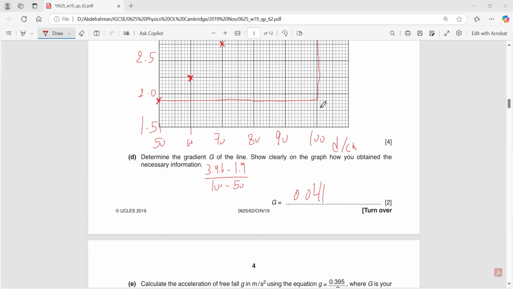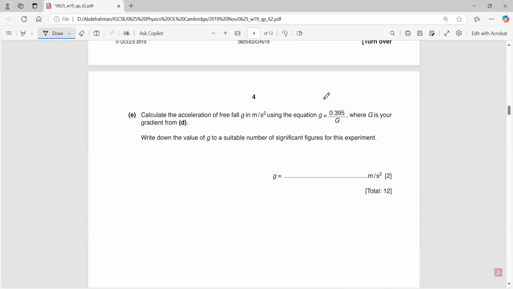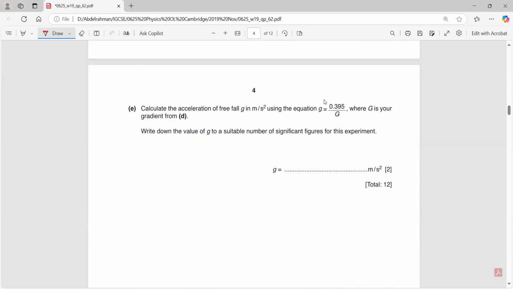And now, for the next question, calculate the acceleration of free fall in meters per second squared, where g is 0.395 over the gradient. Basically, 0.395 over the gradient, which we just found, which is 0.041.